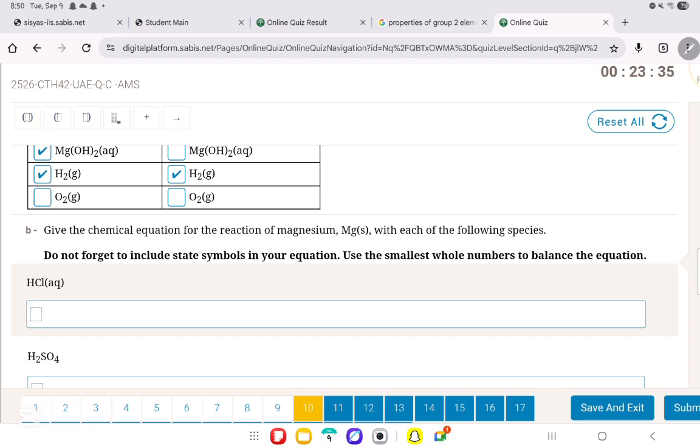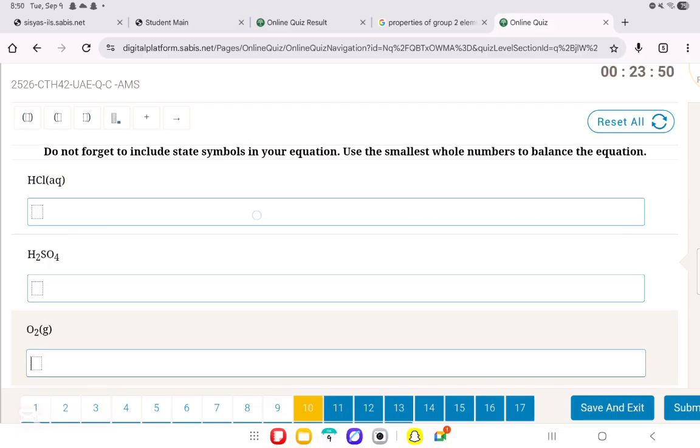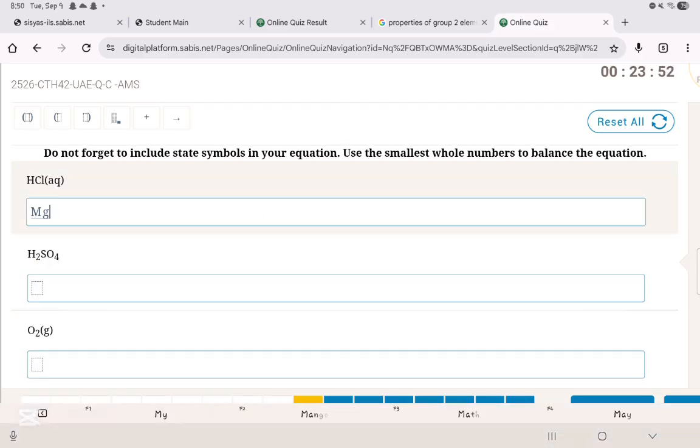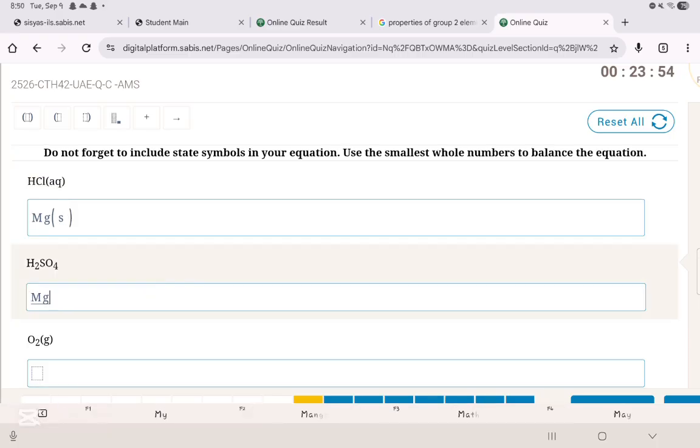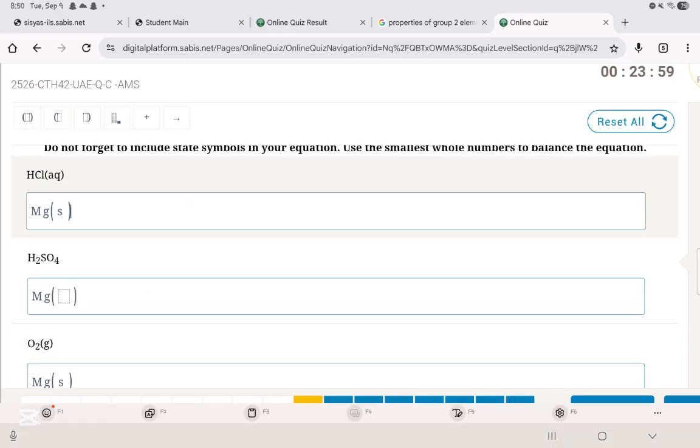So let's start over here. You need to react magnesium solid with all of the following species. So we covered how to react a metal solid with HCl aqueous, H2SO4, and O2 gas. First thing we do is write Mg solid, Mg solid, Mg solid, and Mg solid. So magnesium solid will react with, what was the equation again?